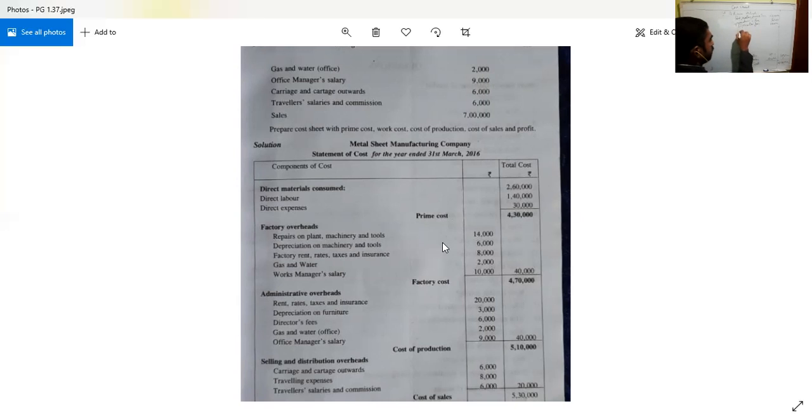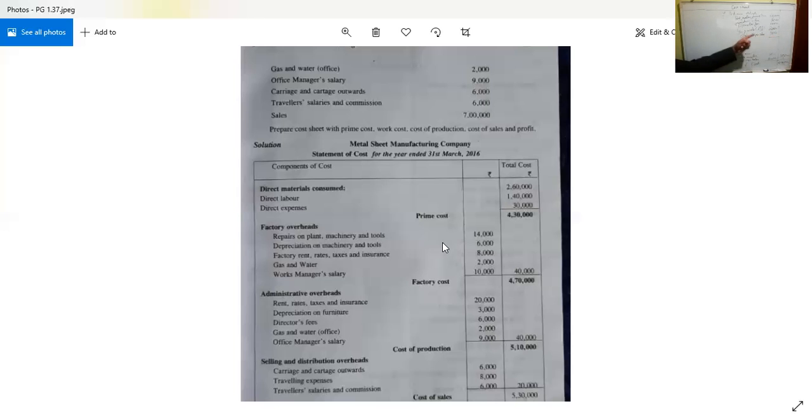Then gas and water, that is office. See, it is specifically mentioned there. Office, it is 2,000. Office manager's salary 9,000.